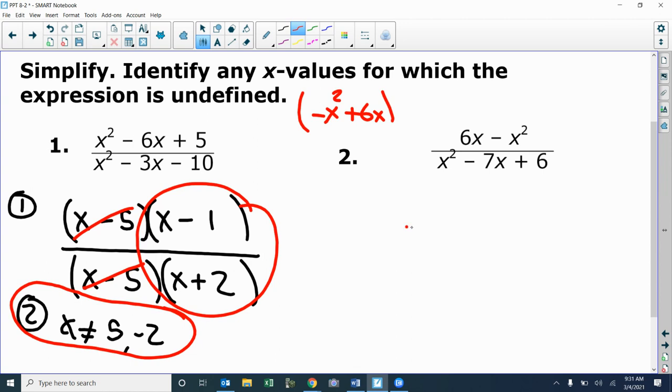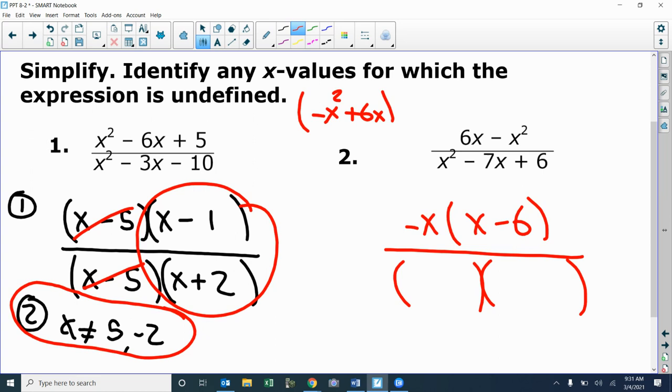So when I do that, I'm taking out negative x. I'm going to be left with x minus 6. That gives me a hint. Probably one of these bottom ones is going to be what? Good chance one of them is going to be that, yeah, real good chance, okay? So we have plus here, which tells me both signs are minus. And really, the only factors of 6 that add up to 7 are 6 and 1, aren't they? So yes.